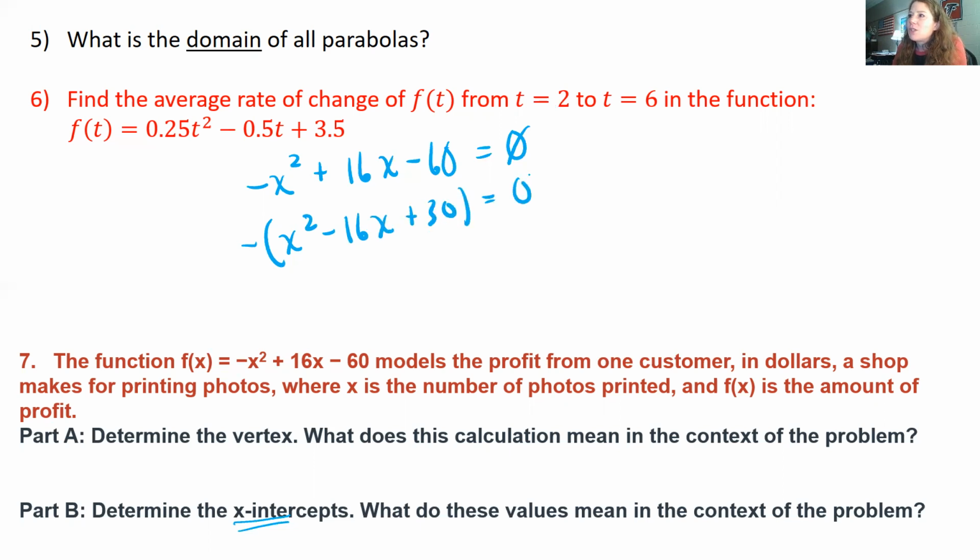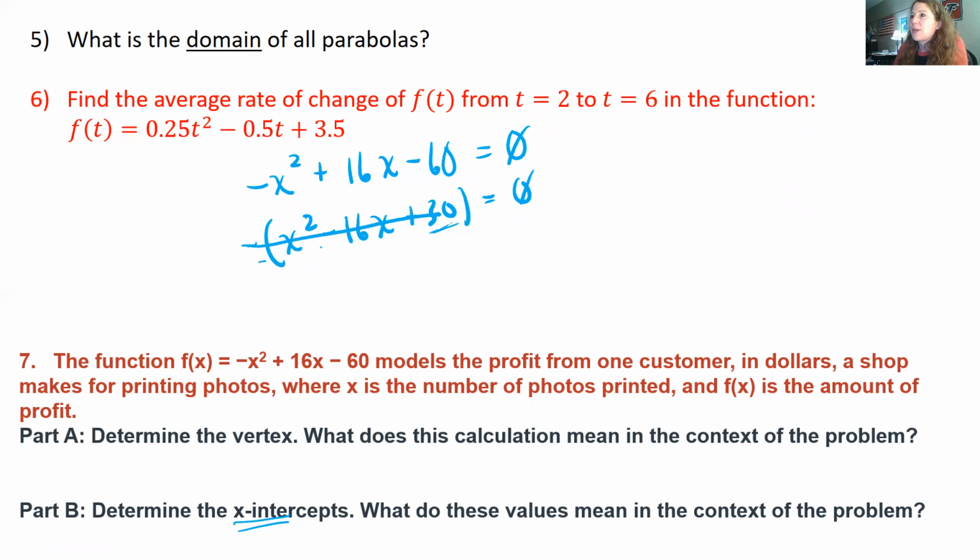All right, so now we're looking for 2 numbers. When we multiply them, we get 30. When we add them, we get negative 16. So can we do that in our heads, or are we going to have to use the quadratic formula? So 10 and 3, 15 and 2. Nope, that doesn't cut it, does it? All right, so we're going to have to use the quadratic formula.